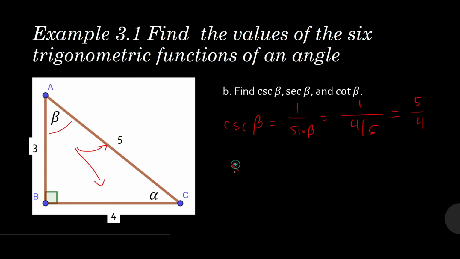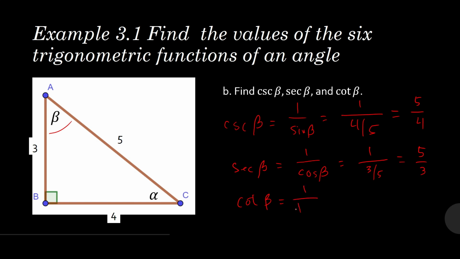How about secant of beta? Secant of beta is the reciprocal of your cosine function. And cosine of beta, again, look at your angle beta. The side that is adjacent to beta is 3 over the hypotenuse, so secant of beta is 5 over 3. For cotangent of beta, that is the reciprocal of your tangent function, 1 over tangent of beta.